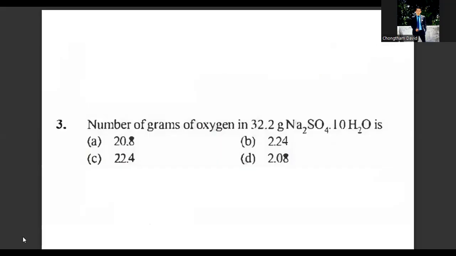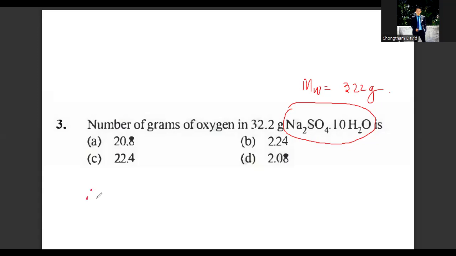Moving on to question number 3. Number of grams of oxygen in 32.2 gram sodium sulfate decahydrate is. So the molecular weight of sodium sulfate decahydrate is 322 grams, which contains 224 grams of oxygen.